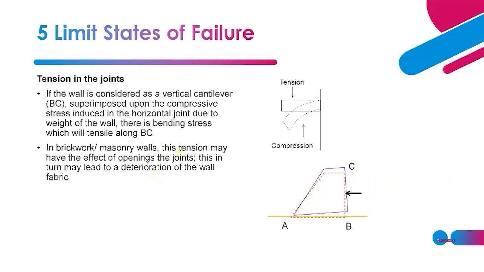And also in brick or masonry wall, this tension may have effect on the opening of joints. This may lead to deterioration of the wall fabric. Bila ada forces acting at the back of the wall here, kan belakang ni akan ada bending stress. Inside here, brickwork atau masonry wall, because you pakai brick kan or masonry, so you akan join it together pakai mortar.